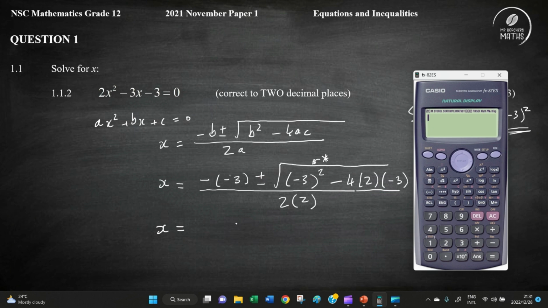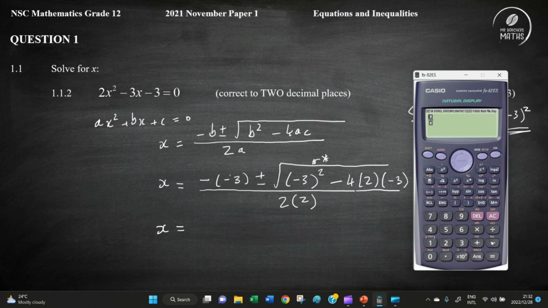Let's have a go. So to enter this in, enter first of all our fraction button. And remember, you must put a negative and put the negative 3 in brackets. Or you could just write it as a positive 3, which would be simpler in your fraction.